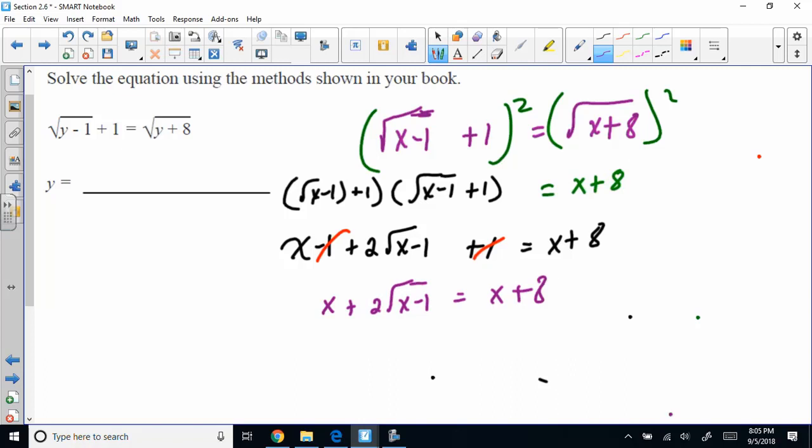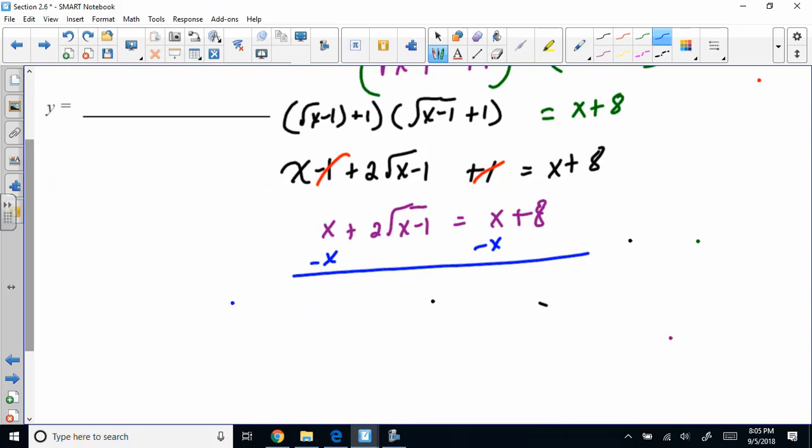Y'all okay? All right, so that's what I've got so far. Okay, so I need to isolate my radical, right? So I'm just gonna move it to the other side. So what happened to my x's? They went away, that's right.